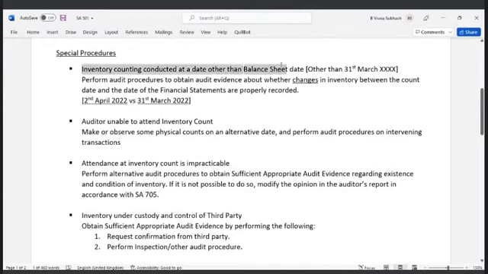So when there is an inventory counting conducted at a date other than the balance sheet date, that is generally, in our Indian case, 31st March. If you take the Arab countries or America or Singapore, there it is January to December.